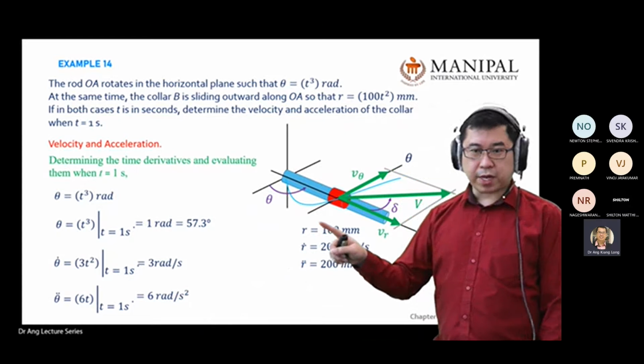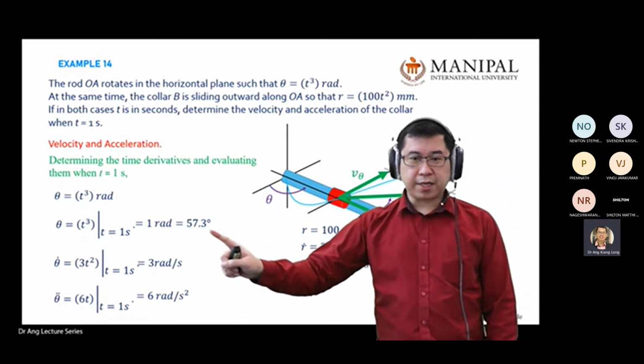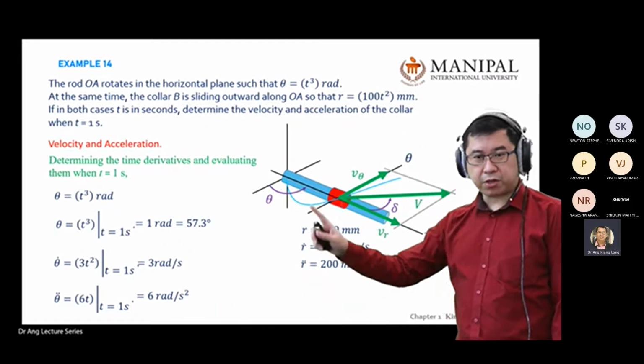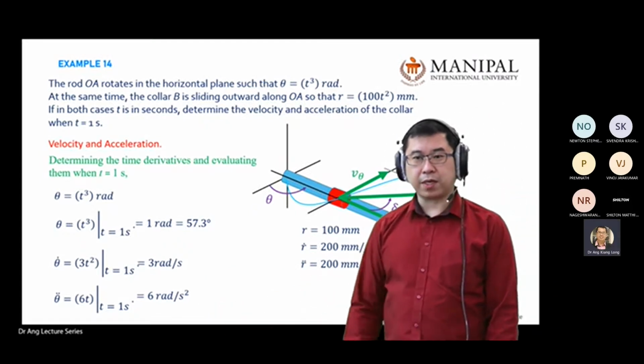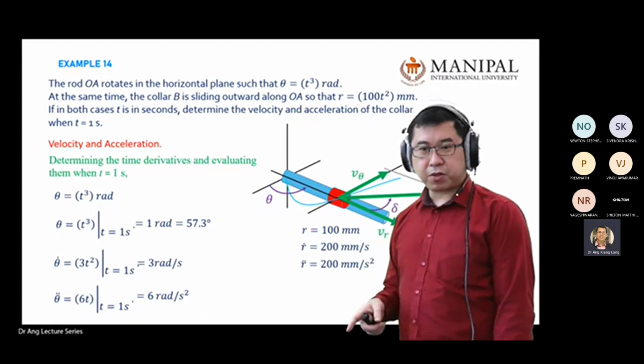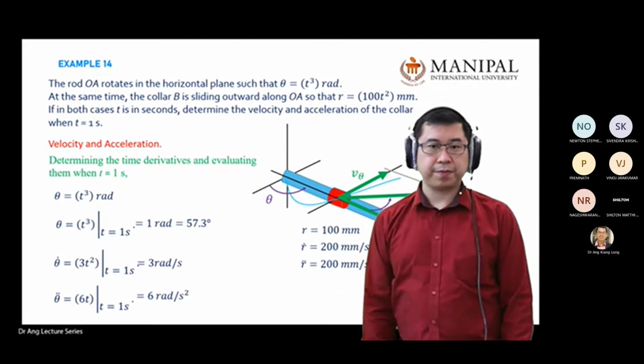So far, you get r, r dot, r double dot, you get theta, theta dot, theta double dot. You have all the values. Recall the velocity equation and acceleration equation. Substitute inside there, you get the answer for this question.